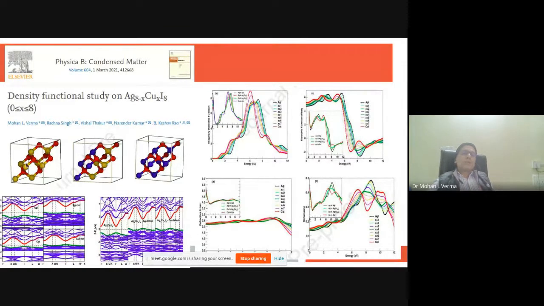The transformation from silver iodide to copper is performed in different steps, and this is the optical property. The shift in the optical property is observed when we replace the silver atom with copper, and this beautiful result is obtained.